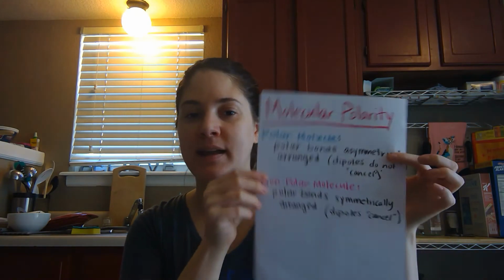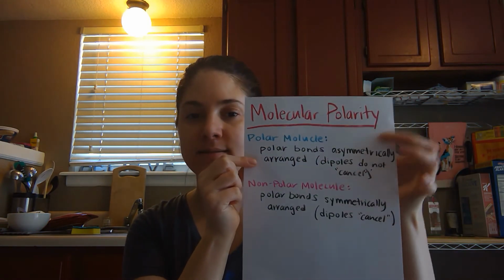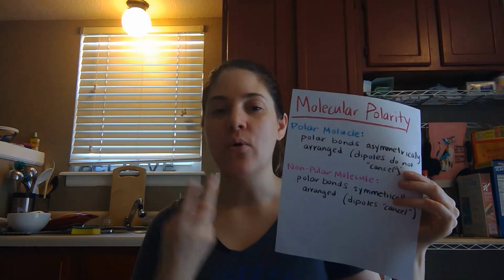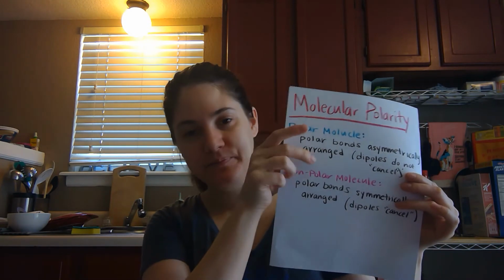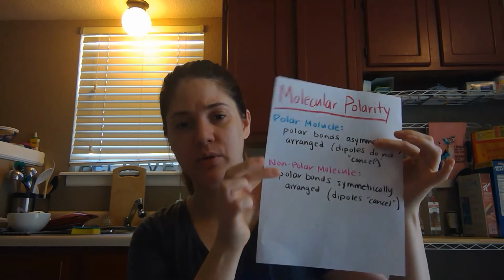They're not pointing in equally opposite directions. They're either pointing in the same direction or slightly the same direction. And if they're not symmetric, they don't cancel out, and I'll get to what it means to cancel out in a little bit. But that's how you have a polar molecule.